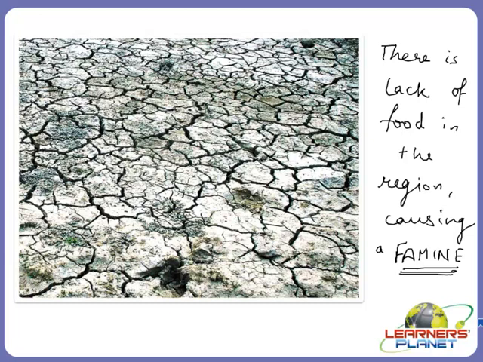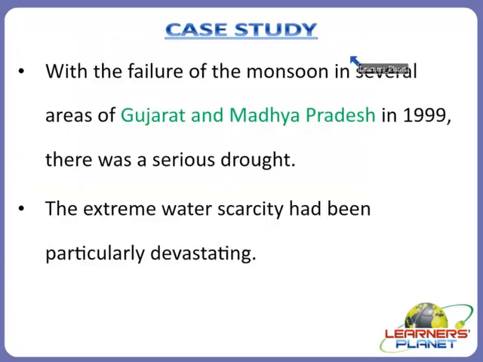Now I would like to discuss one more topic, that is the case study in which the droughts happened in Gujarat and Madhya Pradesh. You might be knowing about it, and if you are not knowing about it, let us discuss about it. What is the case study in which droughts in Gujarat and Madhya Pradesh occurred? Yes.